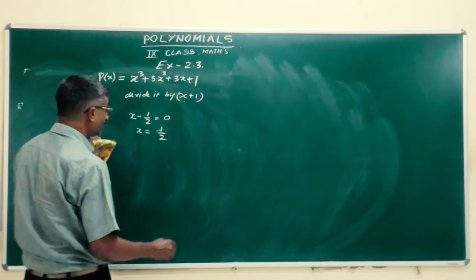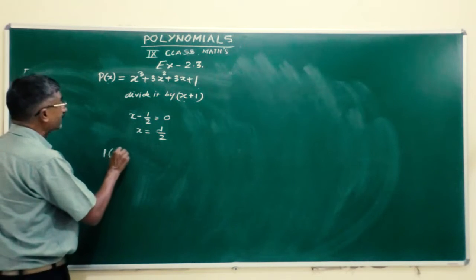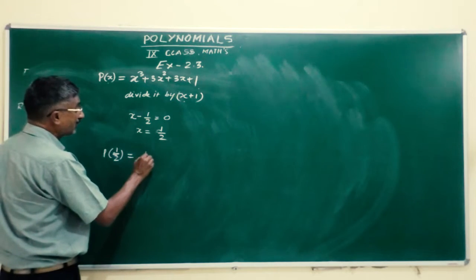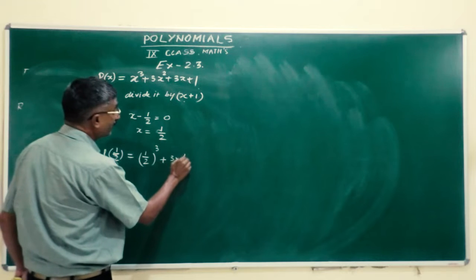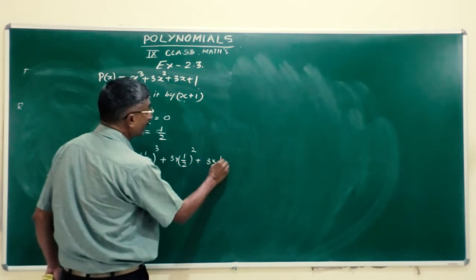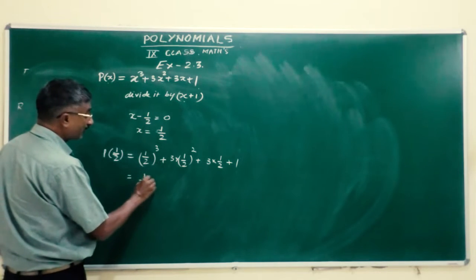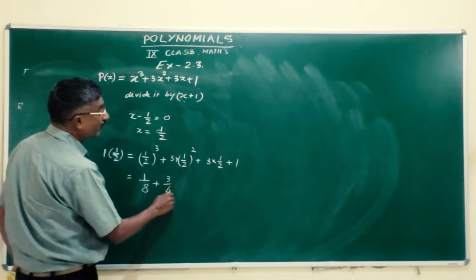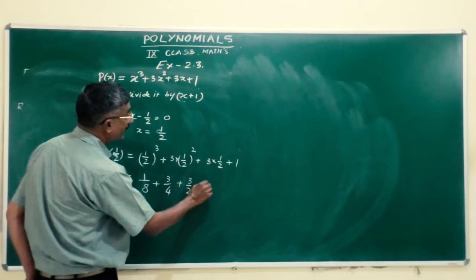This is a positive value. So I will substitute the value in p(x). p(1 upon 2) is equal to (1 upon 2) cube plus 3 into (1 upon 2) square plus 3 into 1 upon 2 plus 1. So this is 1 upon 8 plus 3 upon 4 plus 3 upon 2 plus 1.